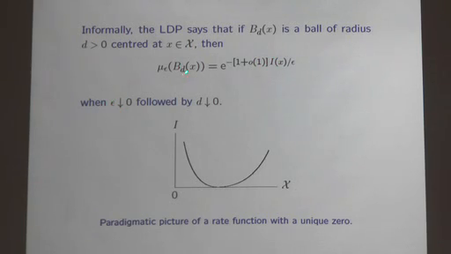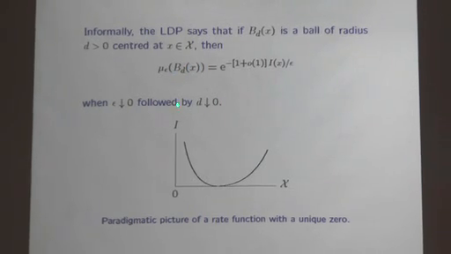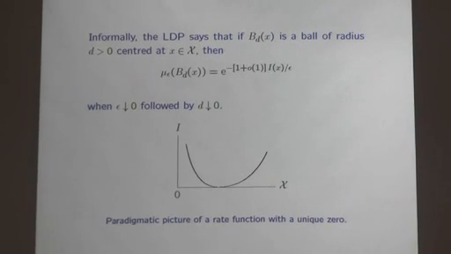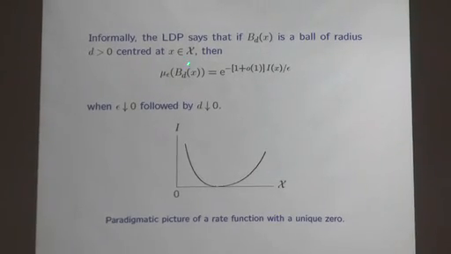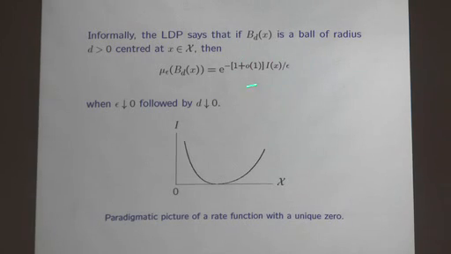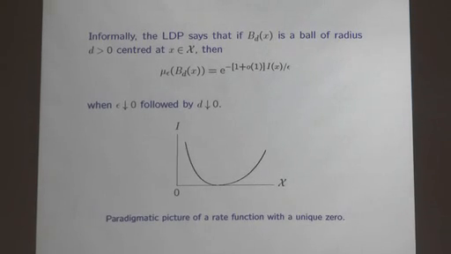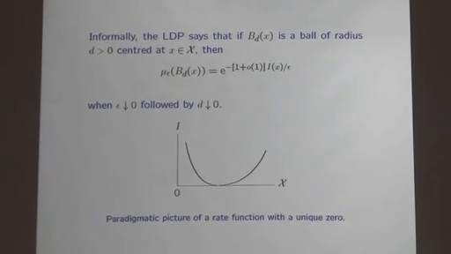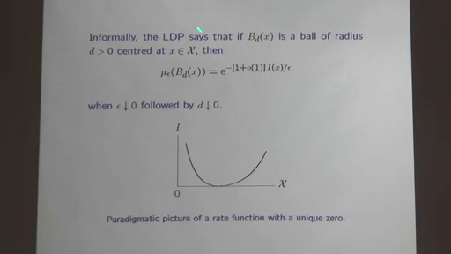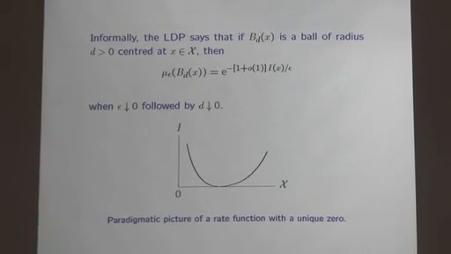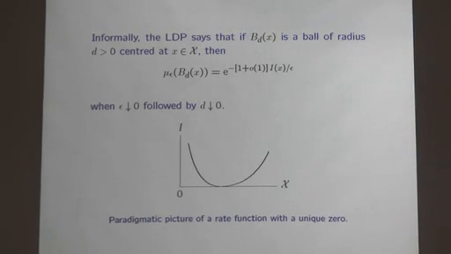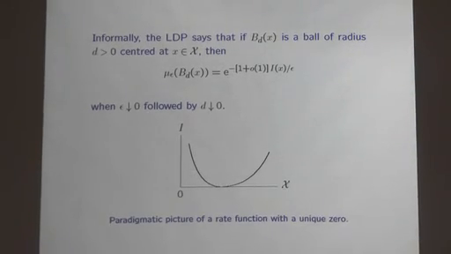And you have to do this for every positive d, and you let d go to 0. So this is sort of saying, what does the measure locally look like? And it says locally it has an exponential structure that can be approximated by this rate function. So that's the way you have to think about it, and you have to talk about little balls because you cannot always talk about the Lebesgue measure.